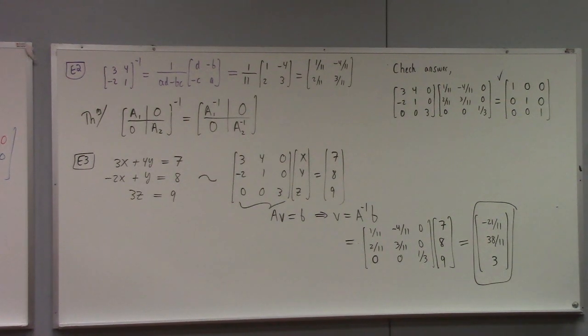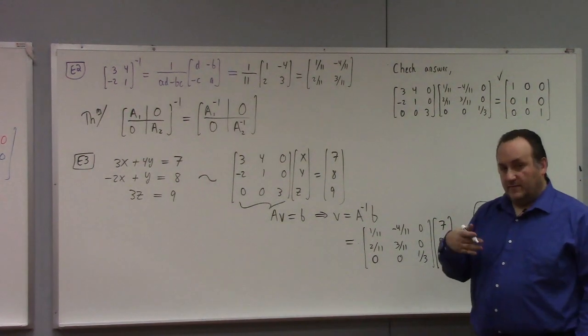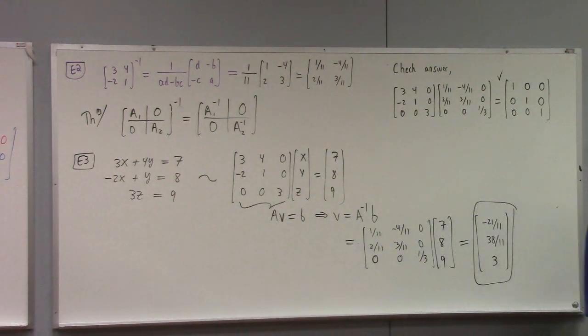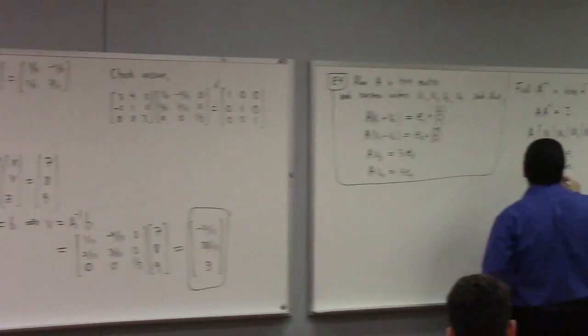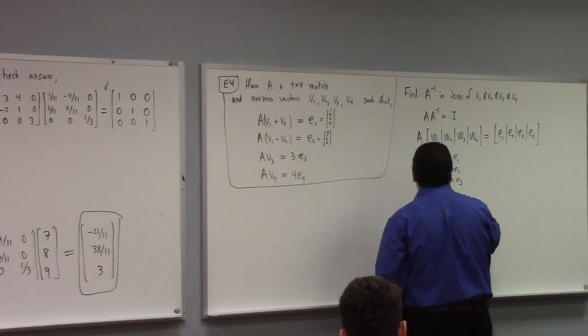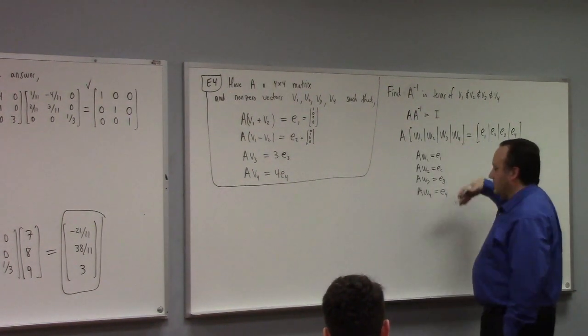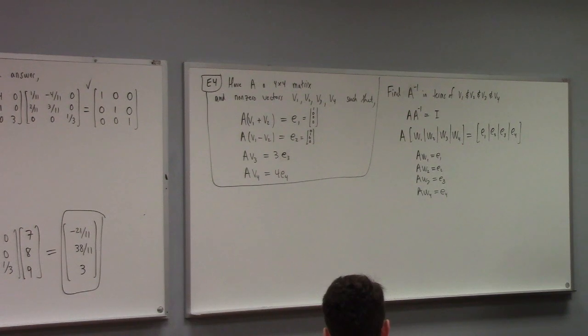We're trying to solve that equation to find the inverse. But keep in mind, that's actually solving 4 separate systems of 4 equations and 4 unknowns. Those 4 equations we're trying to solve are A w1 equal to e1, A w2 equals e2, A w3 equals e3, and A w4 equals e4.